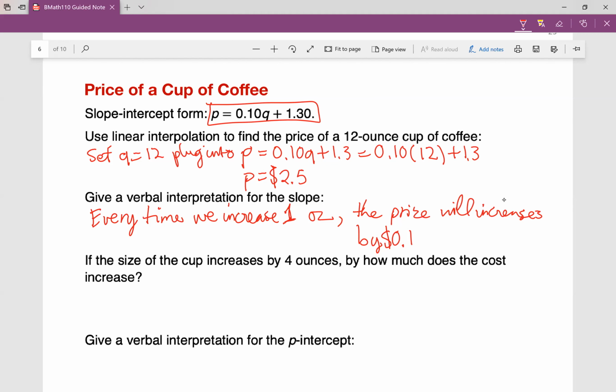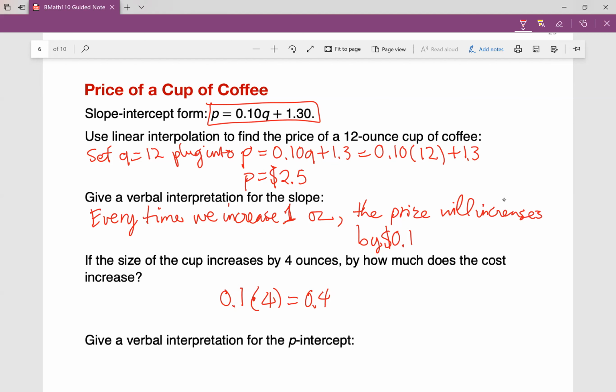All right. So if the size of the cup increased by 4 ounces, by how much does the cost increase? You're going to say 0.1 times 4, and that's going to be 0.4.